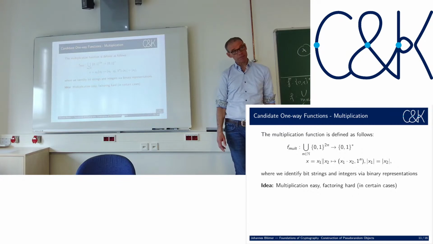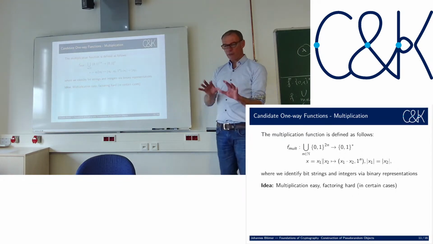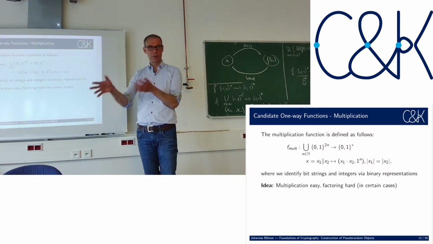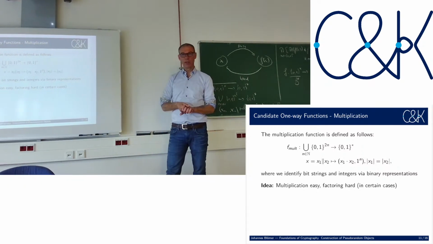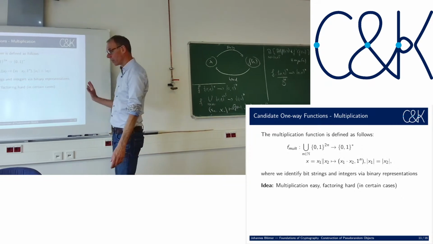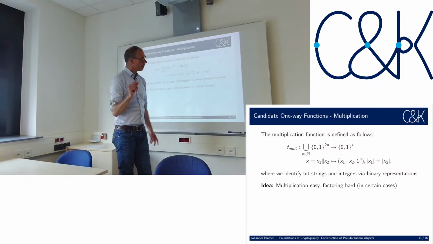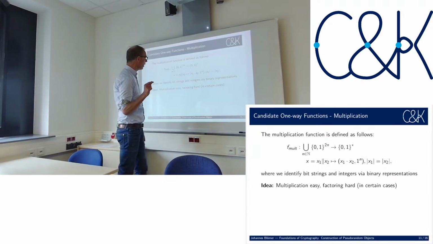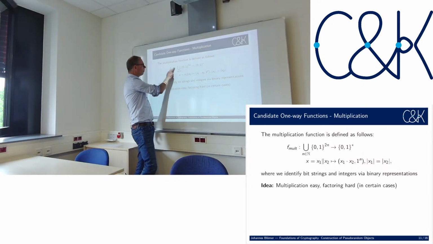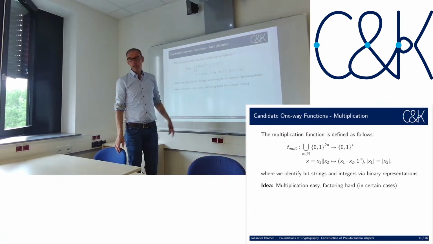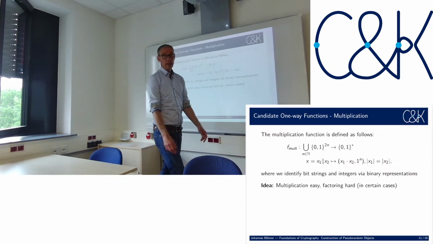It's multiplication, and I defined it a little bit strangely to fit it into the bit string situation, but it's basically multiplication with an important additional ingredient. So the multiplication function is defined on this restricted domain of inputs that have even length.